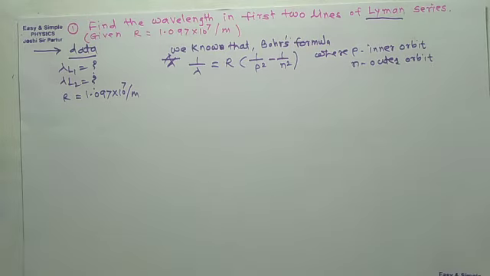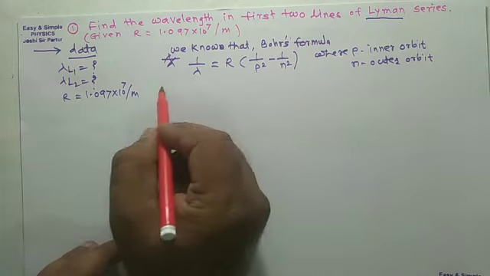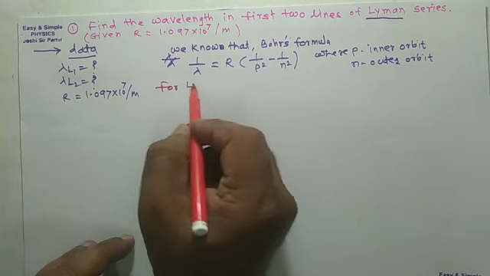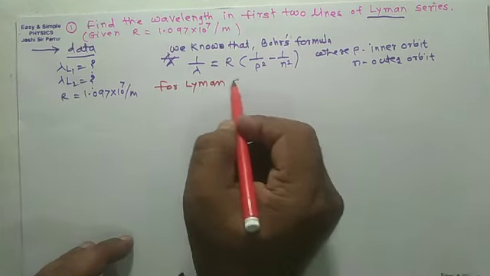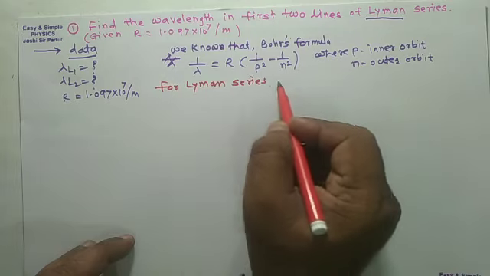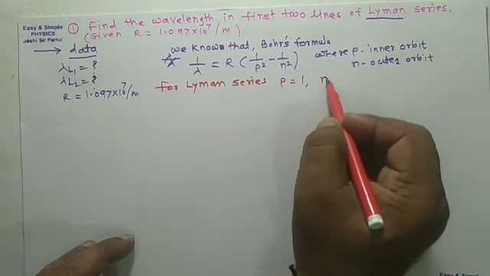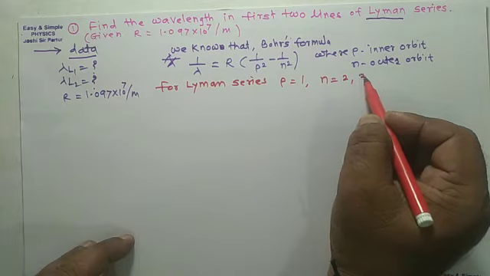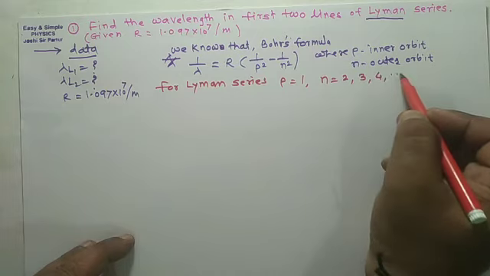So we can find out the Lyman series. For the Lyman series, P is equal to 1, N is equal to 2, 3, 4, and so on.